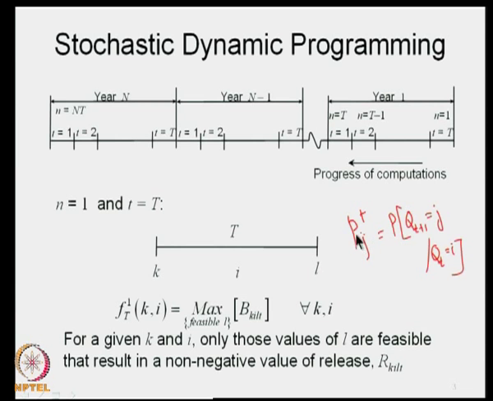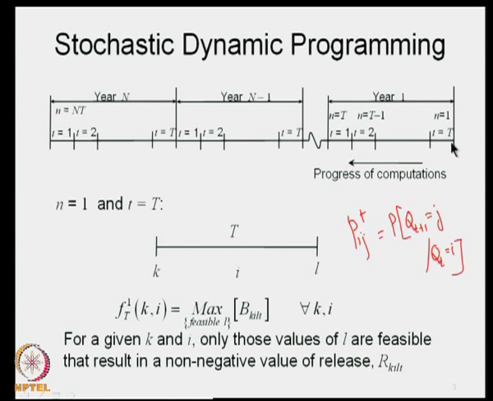What does it say? Starting with the class interval i in period t, the probability that the inflow goes to class interval j in period t plus 1 is Pijt. So, t we are denoting here to indicate a transition from period t to period t plus 1. Now, this is the notation that we are using.